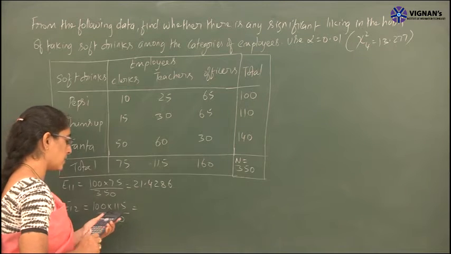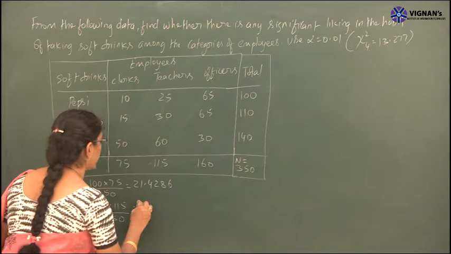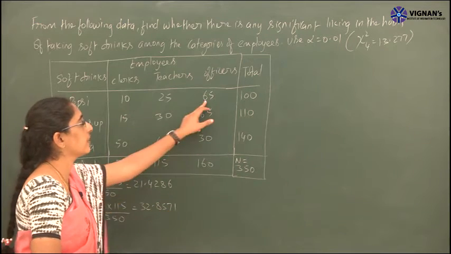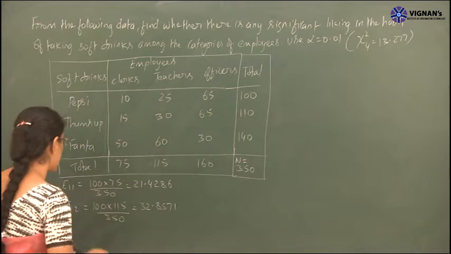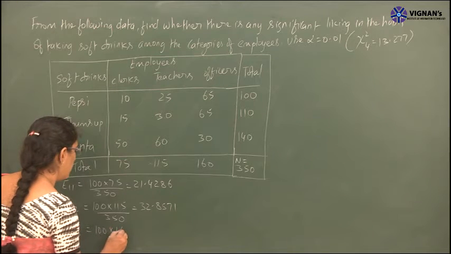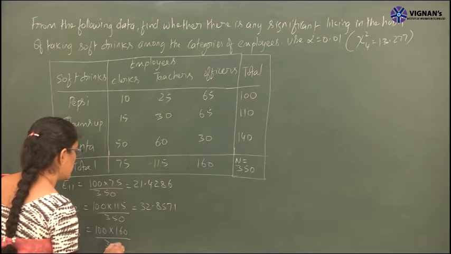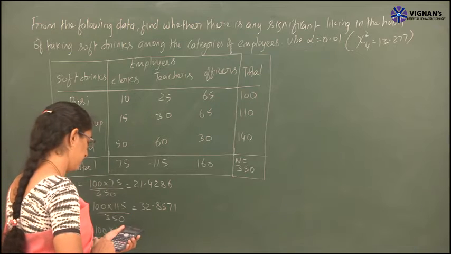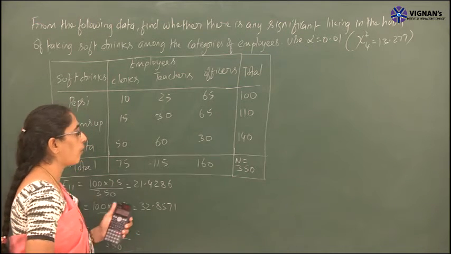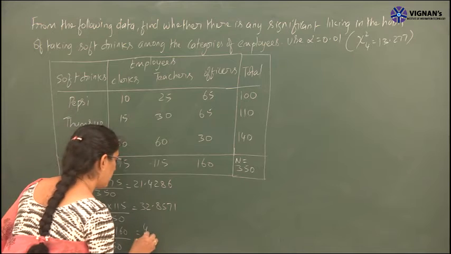So this is equal to 32.8571. Next, E13 means 100 into 160 by 350 is equal to 45.7143.